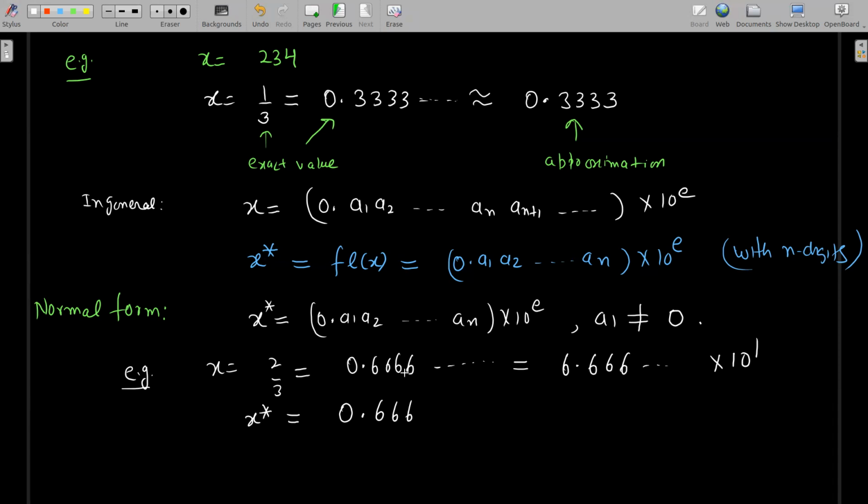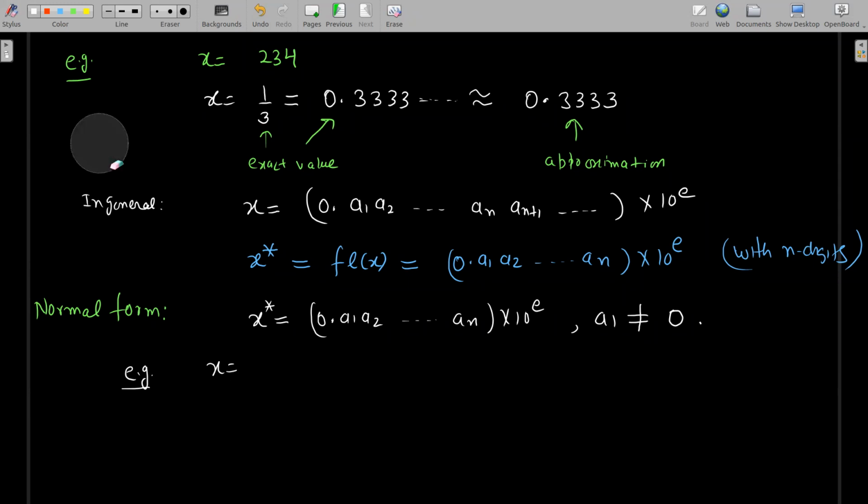Let's take some other number like 13 by 8. What will be 13 by 8? It is 1.625.